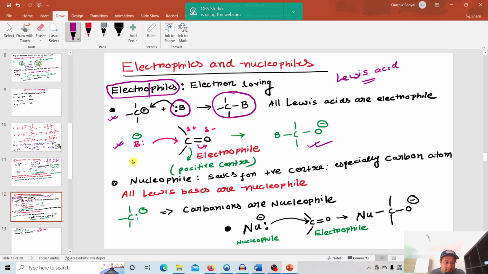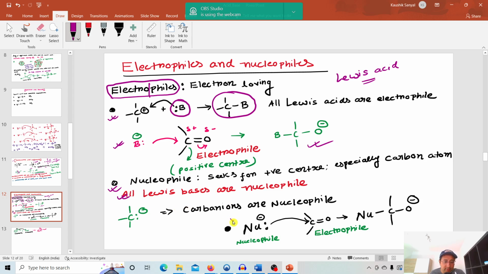Now that is the electrophile. Coming back to the nucleophile. A nucleophile always seeks a positive center, especially a carbon atom. I have told you that all Lewis bases have a tendency to give away electrons. So all Lewis bases are nucleophiles, because they always want to give away 2 electrons to any carbon center or electrophilic center.